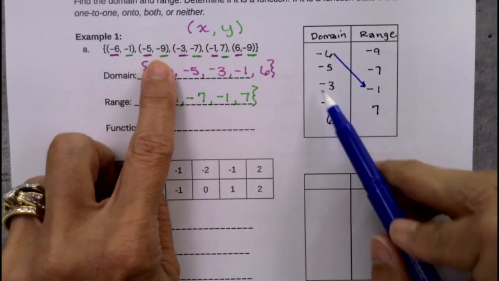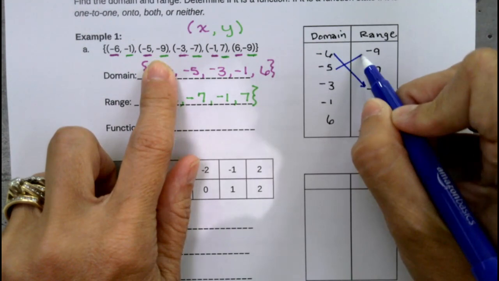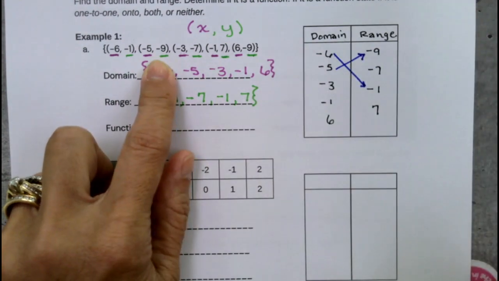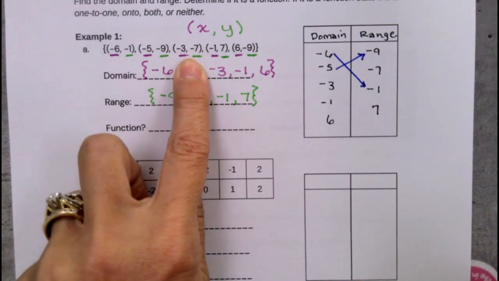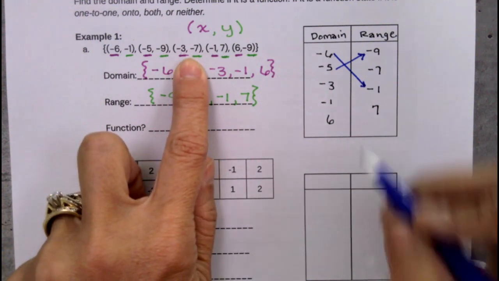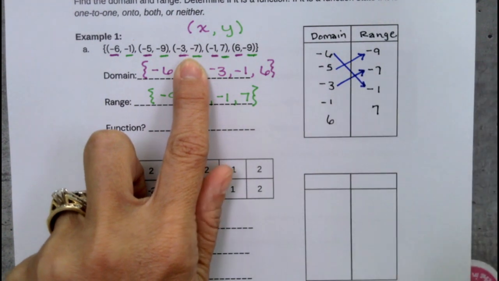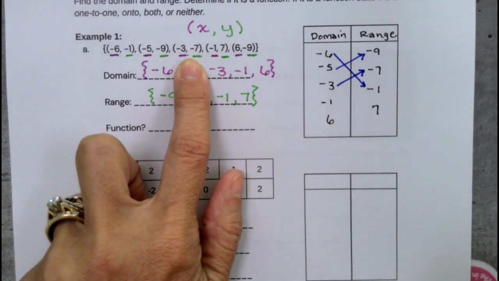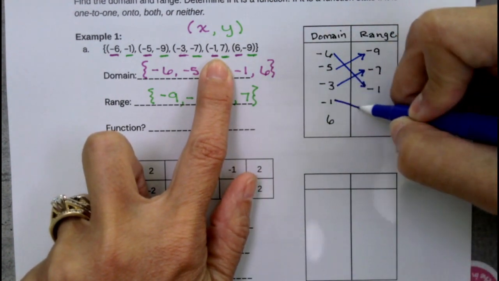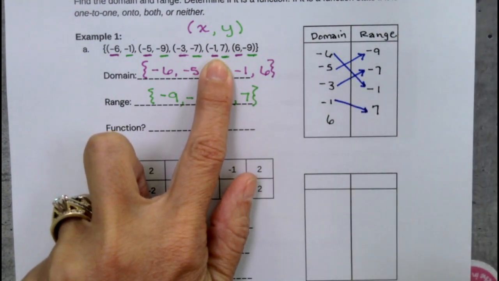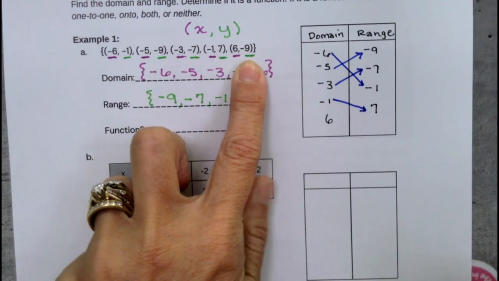Then we should have -5 map to -9. -3 should map to -7. -1 should map to 7. And 6 should map to -9.